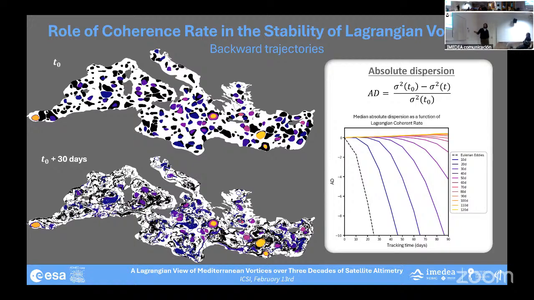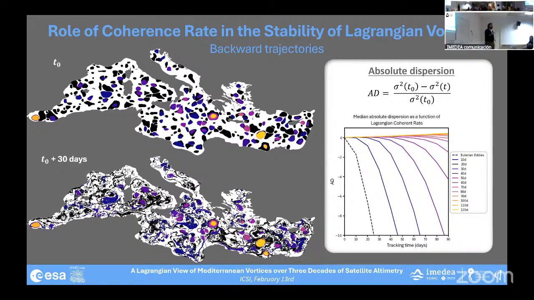However, we can see that when we increase the Lagrangian coherent rate, the blue or purple colors indicate like 10, 20 days of Lagrangian coherent rate, and the light yellow colors, a longer Lagrangian coherent rate. So when we increase this Lagrangian coherent rate, we reduce the dispersion.